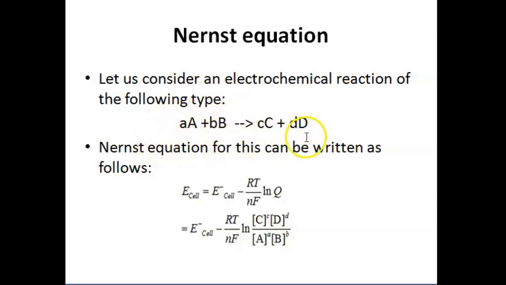If we write this reaction in the form of the Nernst equation, we write E cell is equal to E naught minus RT by nF ln Q. Here the reaction quotient can be replaced by the product concentrations over the reactant concentrations, each raised to the power of its coefficient. So we say C to the power c, D to the power d, divided by A to the power a and B to the power b. This is how we arrive at the Nernst equation for a given reaction.